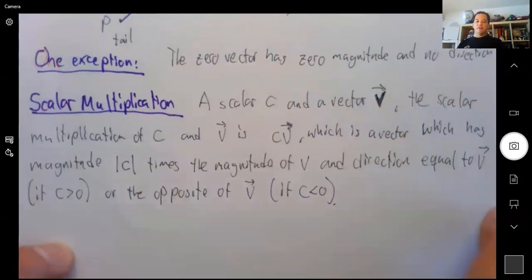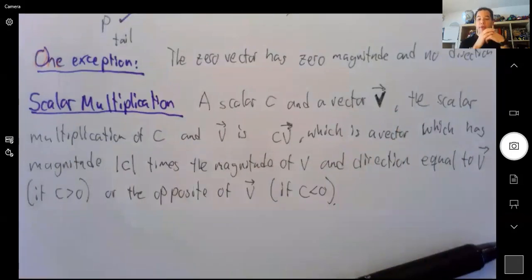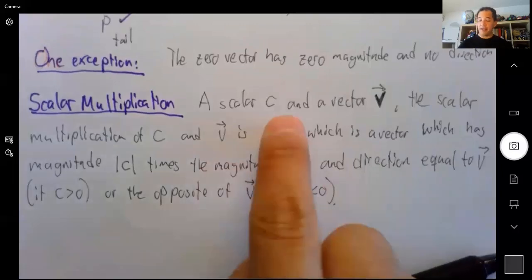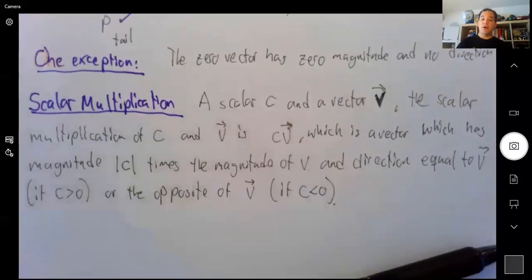So in other words, this is a fancy way of saying the following. If you have a vector, when you multiply it by a number, that's what we're doing, right? We're multiplying by a scalar, which is just a number. If we multiply, say, by 2, what we're doing is we're going to take the vector in the same direction, but make it twice as big. So the arrow will be twice as big.